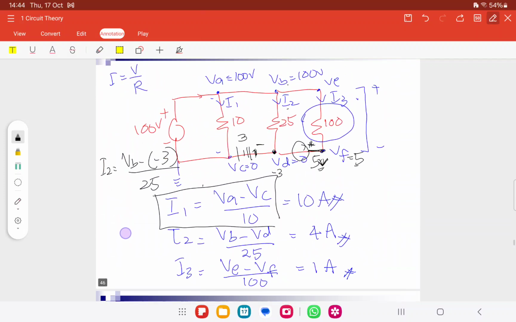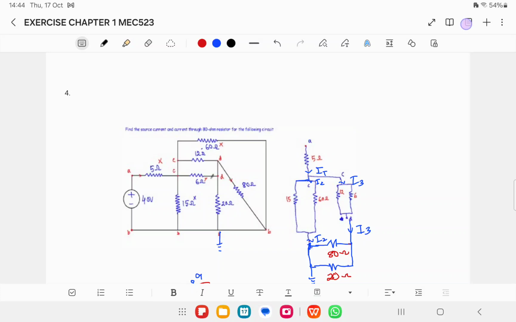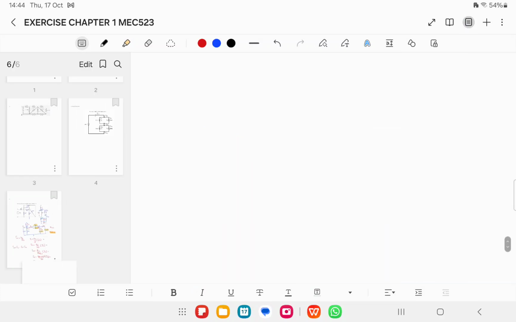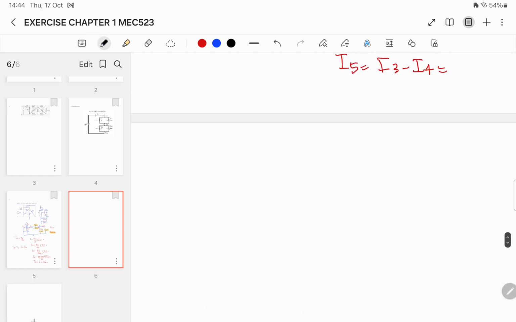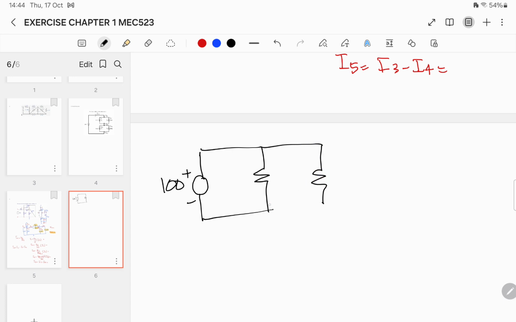Nak buat lagi satu untuk KVL? Circuit yang sama, kita buat ada KVL. Okay? Kita buka ni lah. Okay. Kita lukis circuit yang sama. We have 100 plus minus sini berapa tadi? 10, 25, 100.